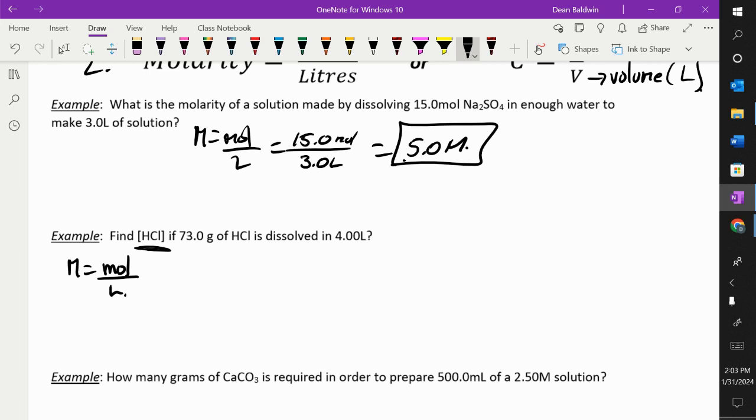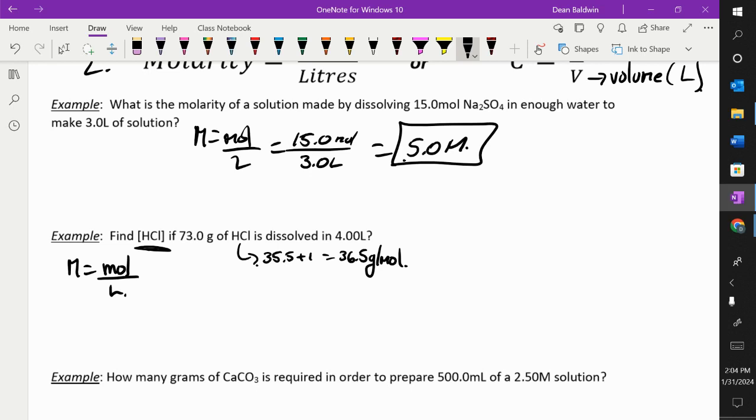What do I need? In unison, I like that. What's the molar mass of HCl? It's 36.5 because chlorine is 35.5 plus 1 for the hydrogen. 36.5 grams per mole.